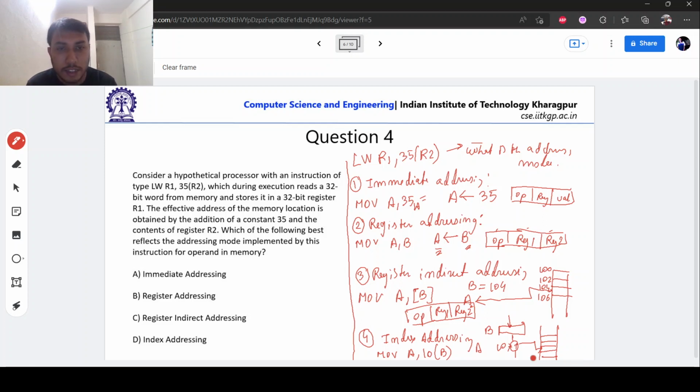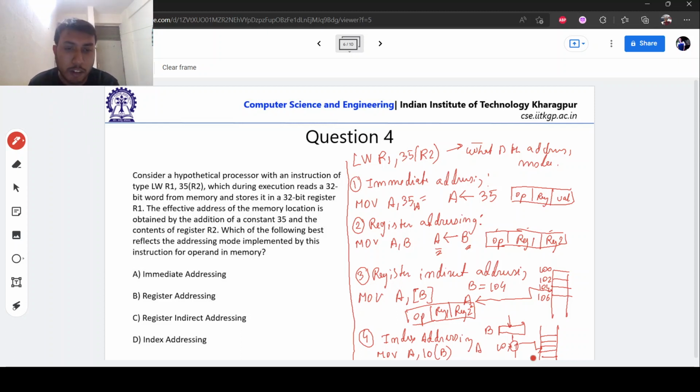This index register contains a specific memory address location. This instruction says: let's add 10 to the address stored in B and load the data from that location. This example is typically considered a looping statement where you need to move through a chunk of memory.